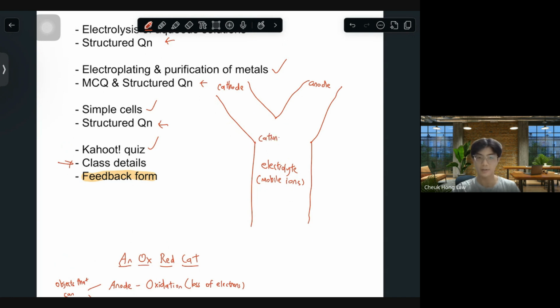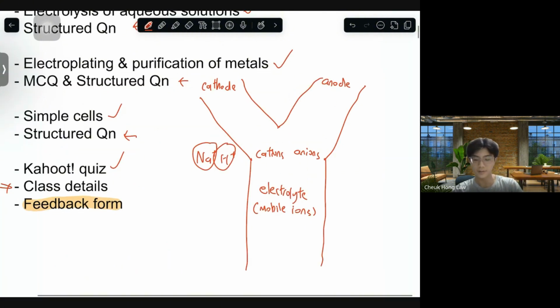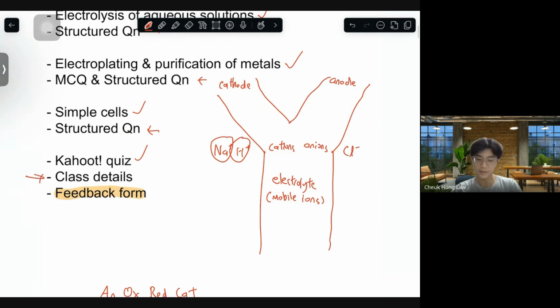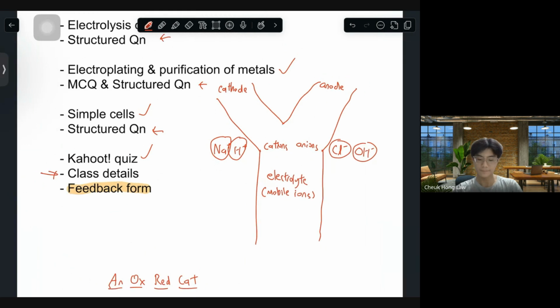One side is cations, the other side is anions. Cations are your positive ions, like sodium and hydrogen. Anions are your negative ions, like chloride and hydroxide. These ions come from your electrolyte.